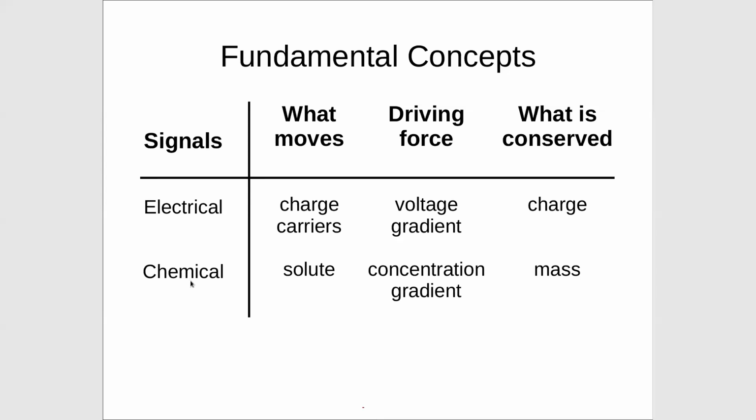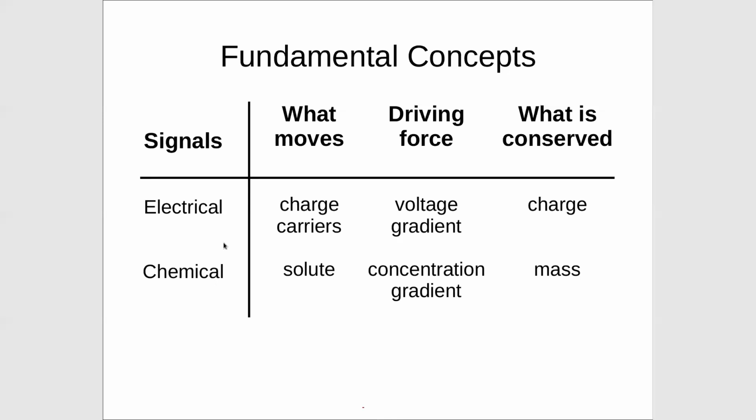Likewise, in chemical signaling, what's moving is solutes of various kinds. And what drives the movement of solutes is chemical potential gradients, or crudely concentration gradients, okay? And what is conserved is mass. Well, it turns out the equations that describe the spread of electrical signals are of exactly the same form as the equations that describe the spread of chemical signals.